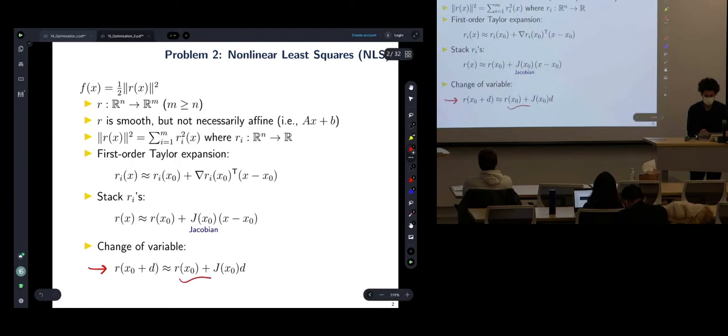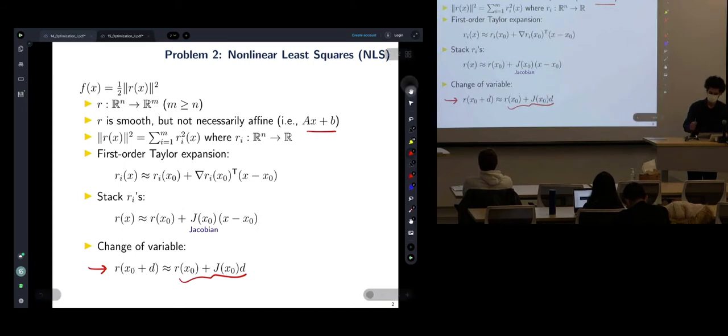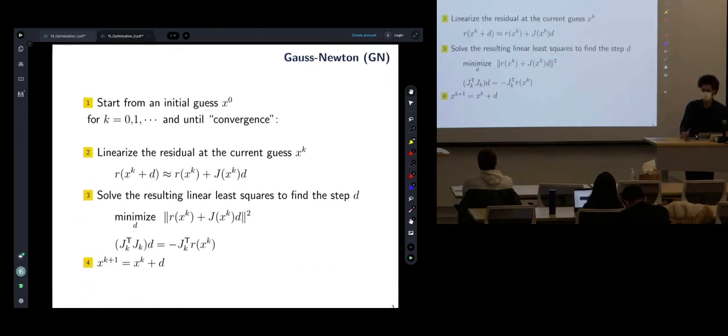Therefore, the affine approximation, which is in the form of Ax plus b, will have a constant part, the residual as a function of x0, plus a Jacobian matrix evaluated at x0 times a delta movement. We call it d here, or you could call it delta x. When we solve for d, we integrate by adding it to the previous value, and then we continue until convergence. So that's the idea behind the Gauss-Newton algorithm and how to solve a nonlinear least squares problem.